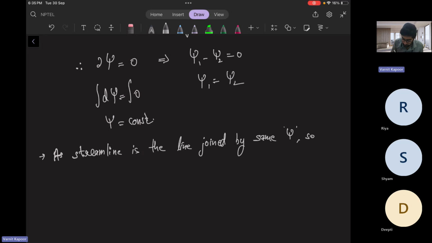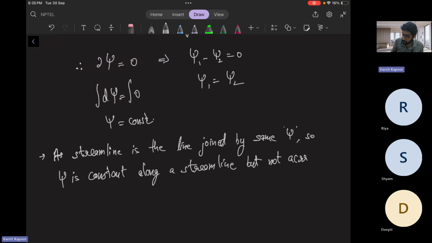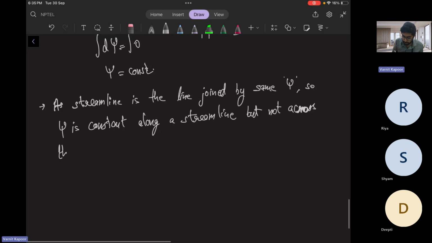So psi is constant along a streamline, but not across the streamline. Okay, but not across the stream.